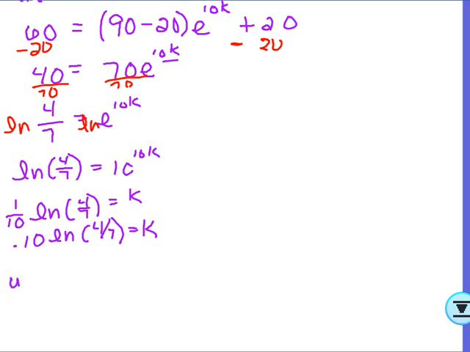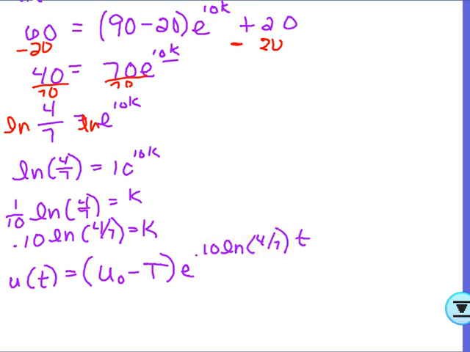So our general equation becomes u of t is equal to my u naught minus T e to the k t, which I now know is 0.10 natural log of 4/7, times my t plus my big T, which is the ambient temperature. Okay? So now they want to know what's happening after 20 minutes. So that is just going to be a u of 20, and then all my other information stays the same, right?